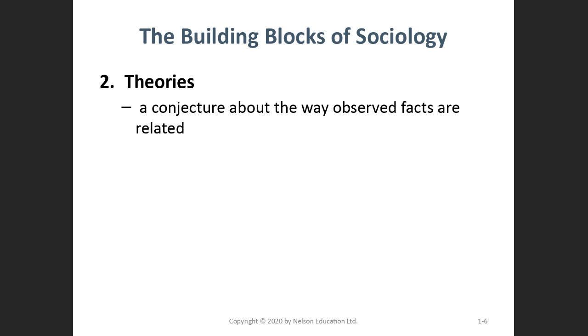It's a little bit more formalized than simply how we see things. Often it starts as an opinion, but in order to enter into a theory, it's an opinion that's provisionally offered as a hypothesis about the way observed facts relate to other observed facts.